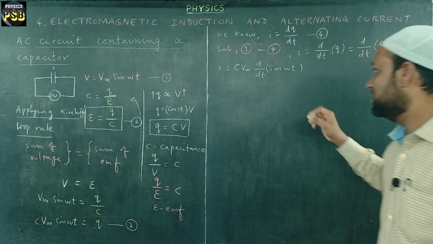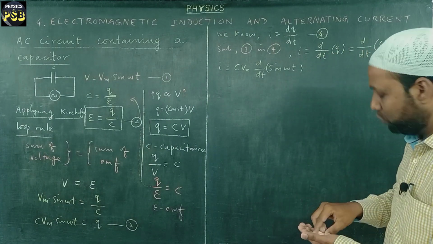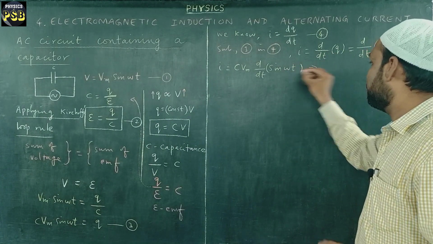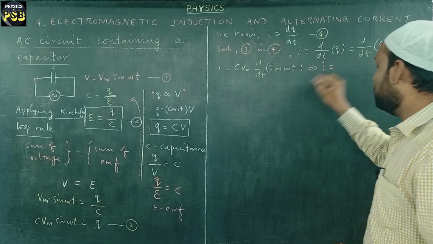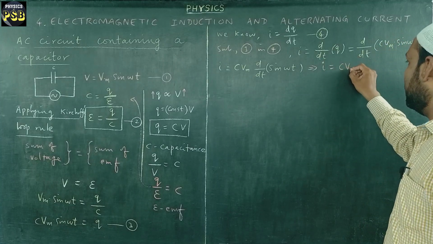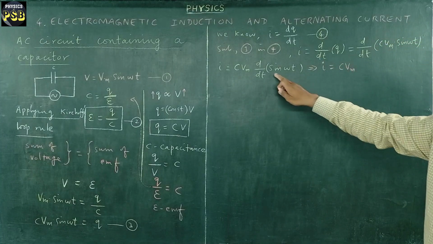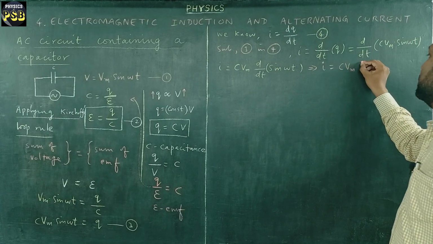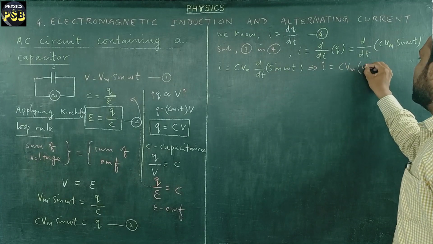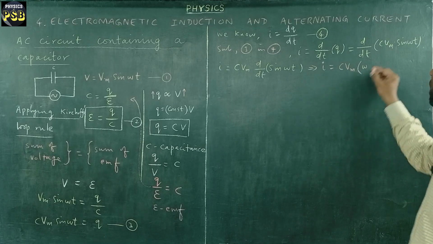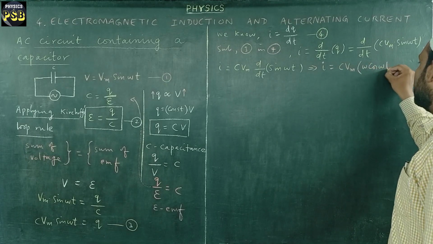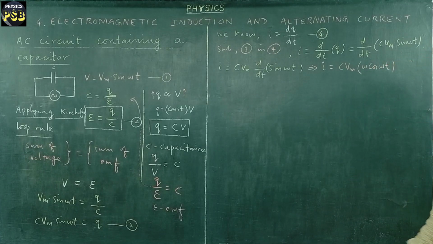If I do so, what do I get? I becomes equal to CVm, and differentiating this one, I get omega cos omega t. This is what I obtain.